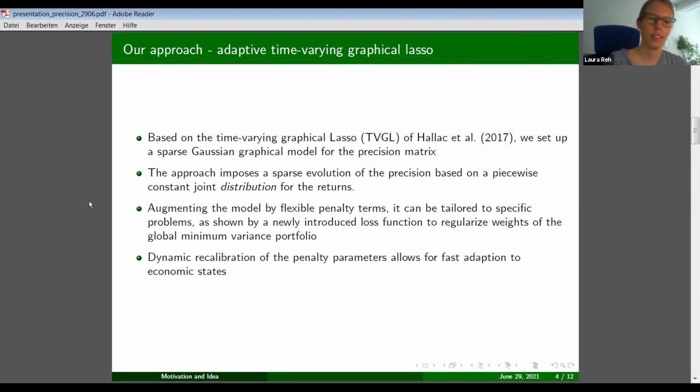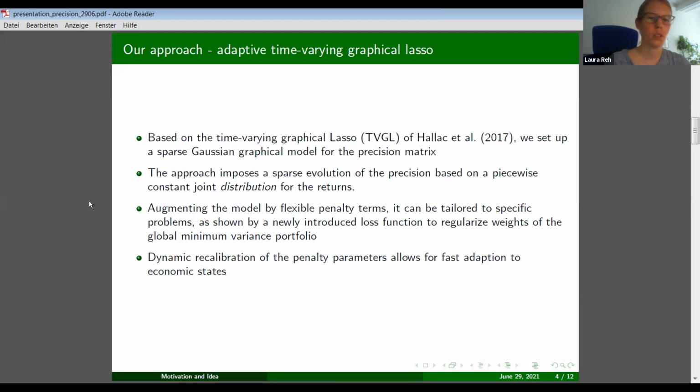What we can do with this approach is augment it by several penalty functions. So we can tailor the type of penalty to our specific problem. Here we have the example of GMVP prediction. What we will show in my empirical application is an additional loss function, which imposes an additional L2 norm on the weights of the GMVP, even though we actually model the precision matrix here.